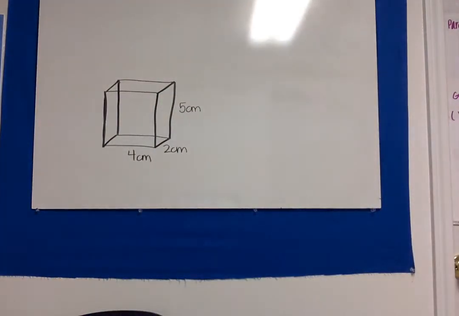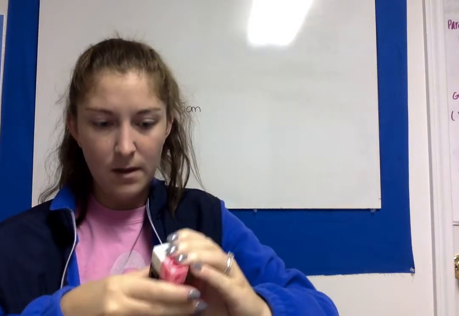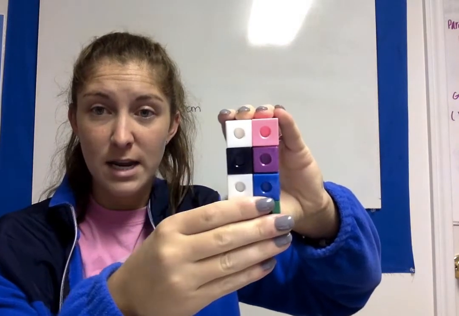Now, I'm going to build on to this shape. I'm going to grab another block here, and I'm going to build onto it like this. Notice it has another layer on there. Before, I just had 8 blocks right here.